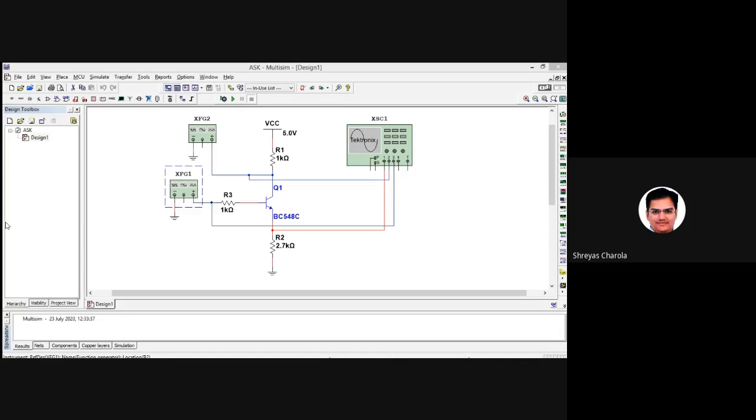Okay, which is the signal I applied: sine wave, triangular wave, or a digital signal? The circuit is in front of you. Sir, you have enlarged the function generator, but the circuit we drew earlier is not visible. Okay, fine, but the function generator is visible to you now, right?